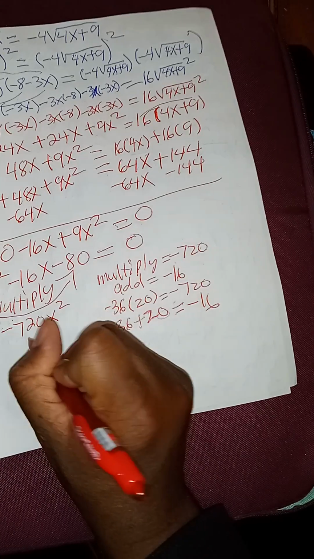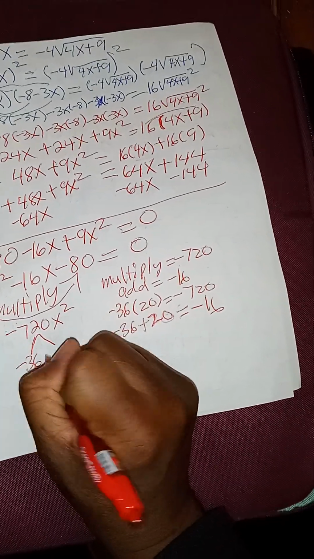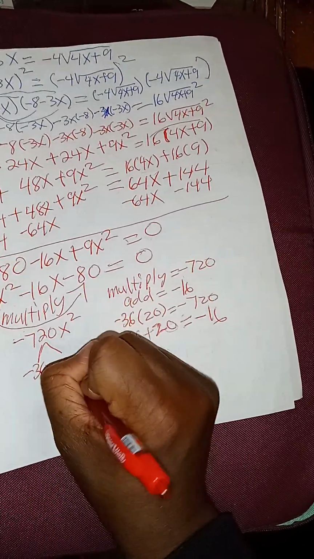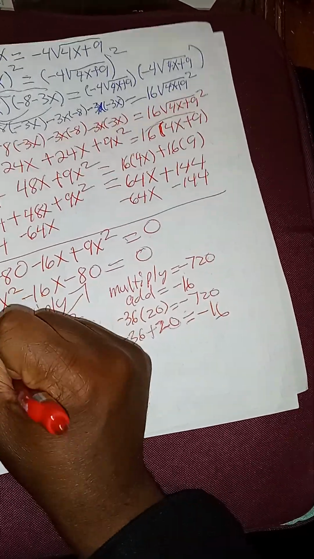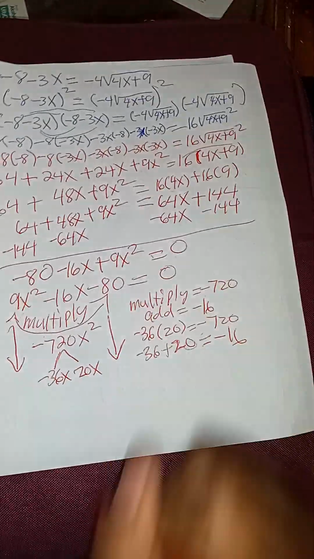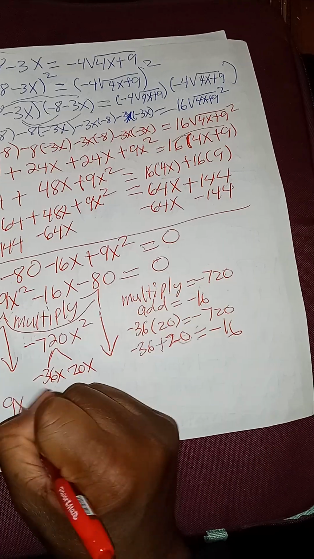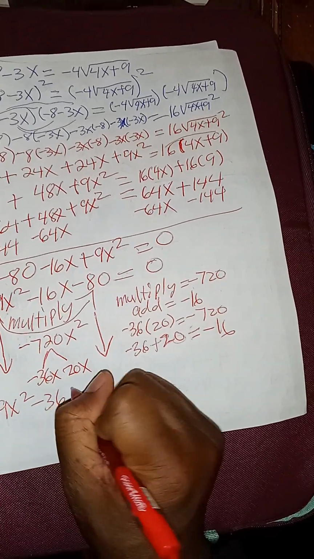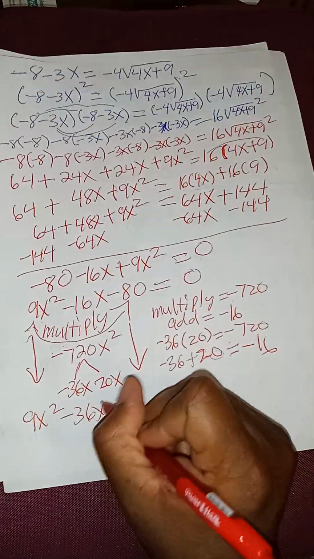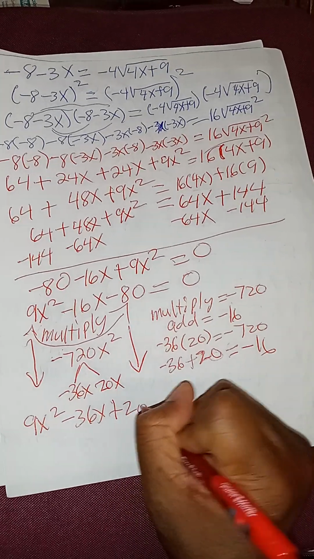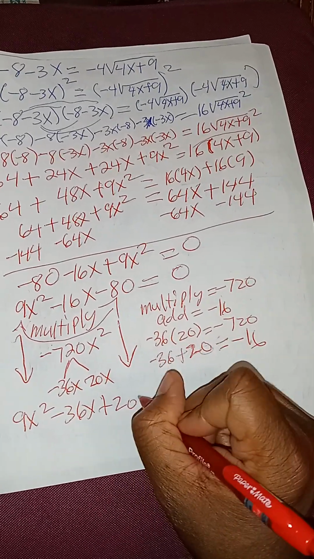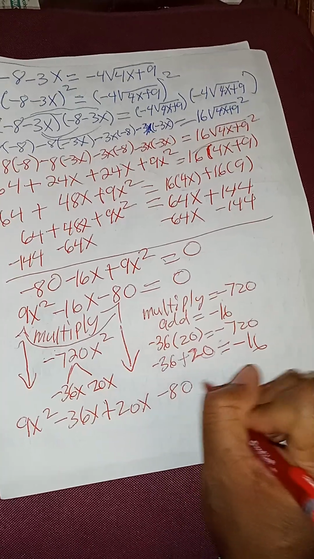So this is going to be negative 36x and 20x. And then we bring down our outer terms. So 9x squared minus 36x plus 20x minus 80 is equal to 0.